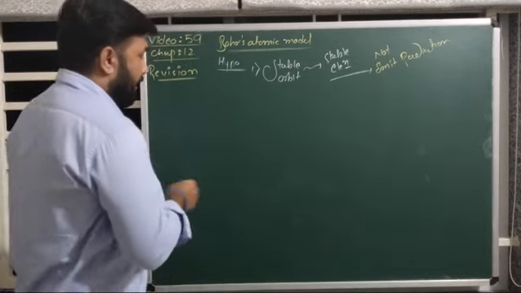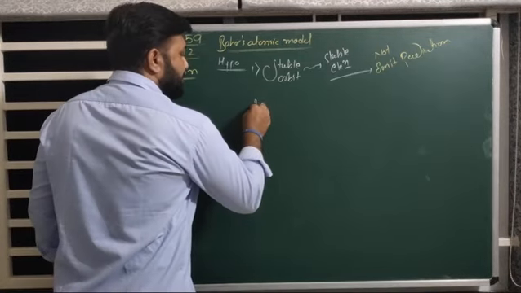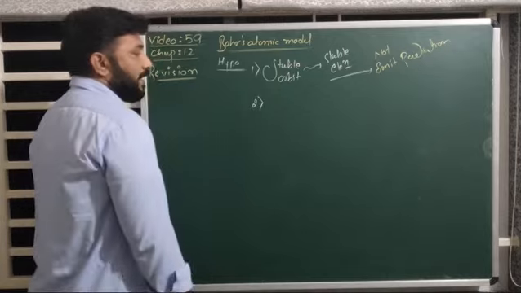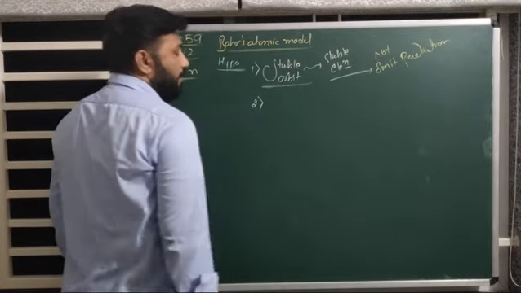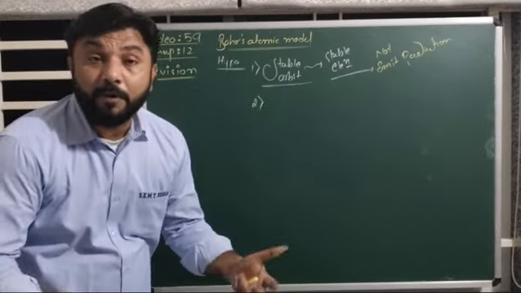Then, what about the second hypothesis? The second hypothesis is again about stable orbit, but what is called a stable orbit?